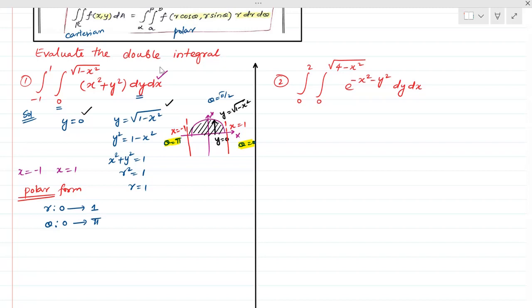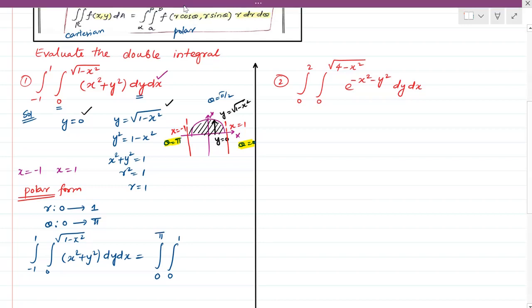So I will convert the given integral. In the Cartesian form, it is the integral from minus 1 to plus 1, integral 0 to square root of 1 minus x square, of x square plus y square, dy dx. How will you convert it into polar form? It's very simple. The inner limit is always the r limit, 0 to 1. The outer limit is the theta limit, 0 to pi.